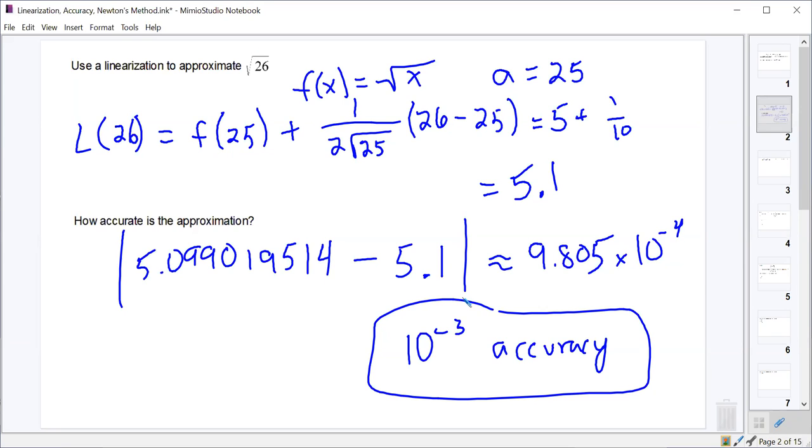Does that make sense? Yeah, 1 degree greater. That's correct, Nick. So we're off by 9.805 times 10 to the negative 4, which means that we have accuracy to the degree of 1/1000th, 10 to the negative 3rd power.